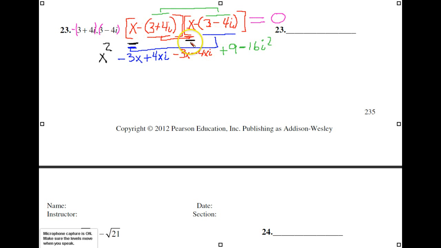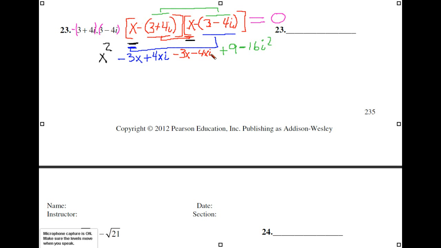Now I'm going to do my inners. This one and this one. I'm coding it in red. Notice there's a negative there as well. So a negative x times 3, negative 3x. A negative x times a positive 4i gives me a negative 4xi.